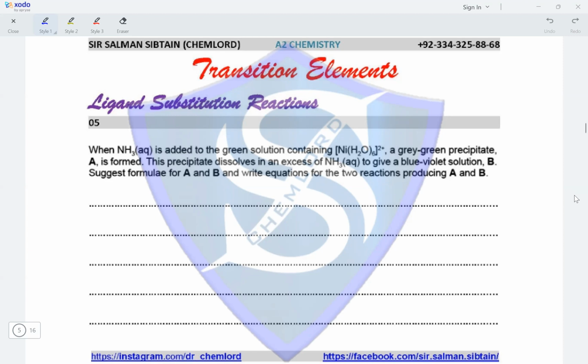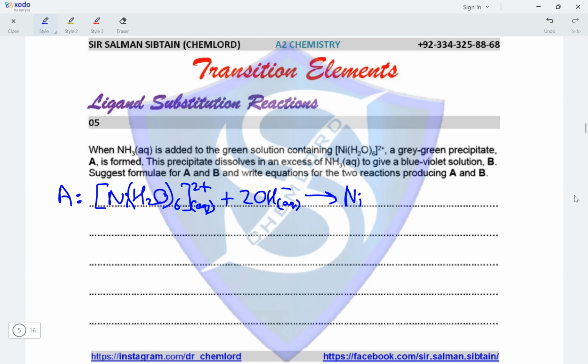So A would be the ion Ni(H2O)6 2 positive aqueous reacting with hydroxide ions, which are produced when ammonia is added dropwise, and this results in replacement of two water molecules with two hydroxide ions.